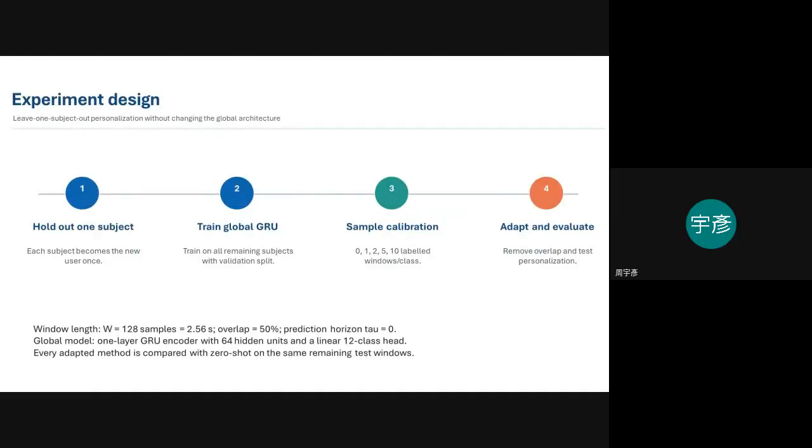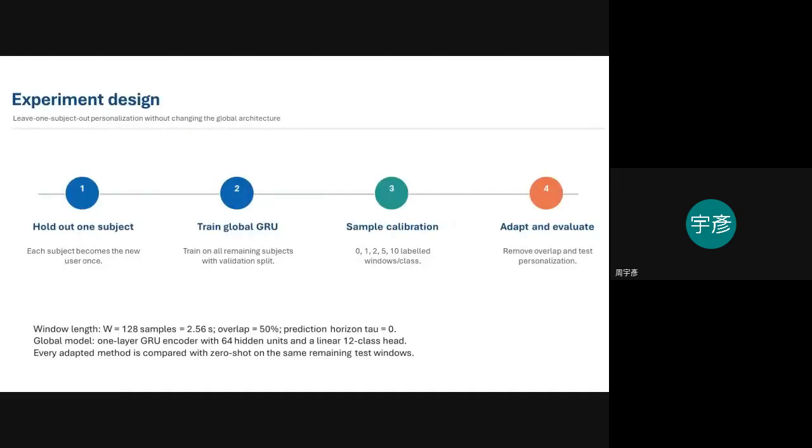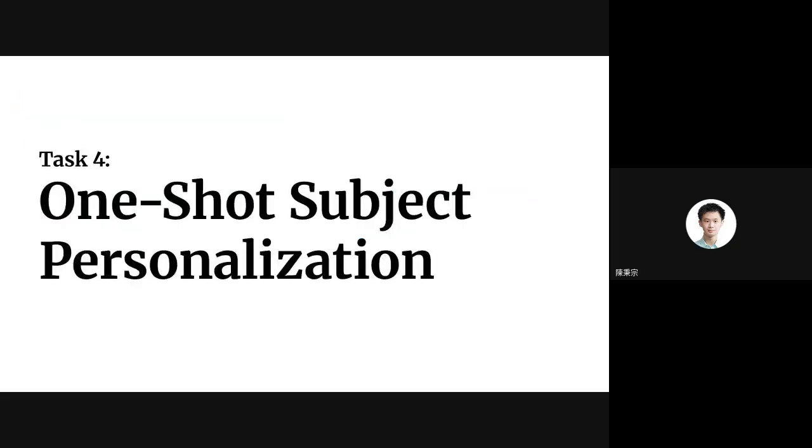I will present a test which focuses on one-shot subject personalization for smartphone-based activity recognition. The main problem we want to study is that a model trained on many users may not work equally well on a new user, even if two people are performing the same activity, such as walking or sitting down.